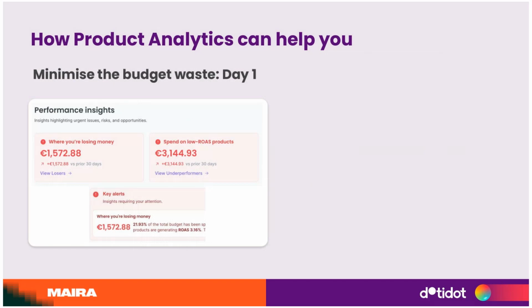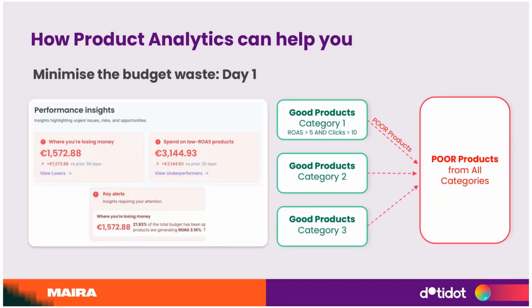So what we usually do is propose a new campaign structure, and the campaign structure doesn't have to be completely different. We just tell the customer, look, make sure that in your main campaigns you have only good products. What is good, you can define for every single campaign and every single category separately.